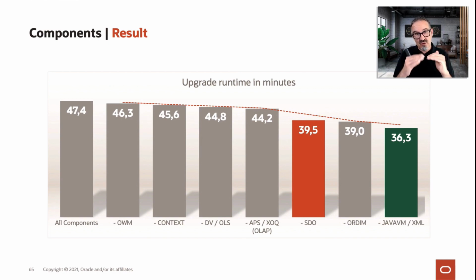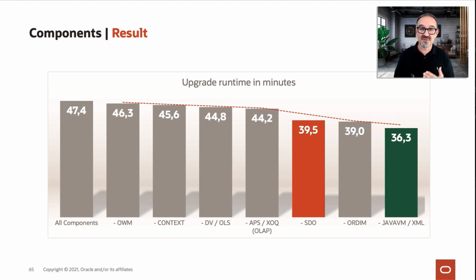So just to give you a baseline, two components stand out here. While the Workspace Manager, Text, Data Vault, Label, and the OLAP options have no big impact here because I don't use them, the biggest impact I could see was the Spatial Data option, and of course Java VM and XDK, or XML, because these two have a relatively big footprint in the dictionary, and they also require some upgrade work.